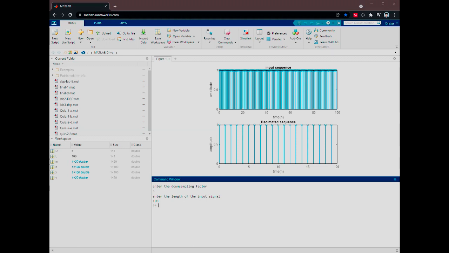That's why it is important to do the decimated sequence, to help stabilize the signal and cut all the unnecessary information.